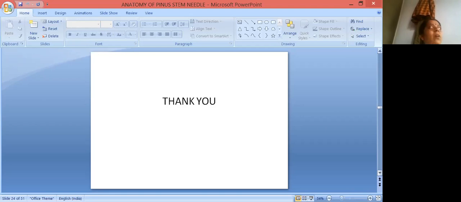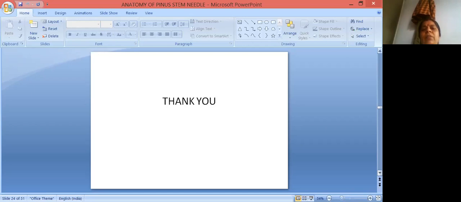Presence of thick-walled epidermal cells on the outer side. Deeply sunken stomata, resin canals, and sclerenchymatous hypodermis. Then the pericycle is multi-layered, and a T-shaped girder separates the two vascular bundles, and transfusion tissue.